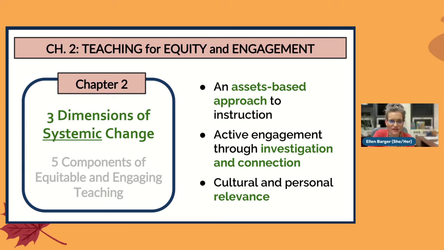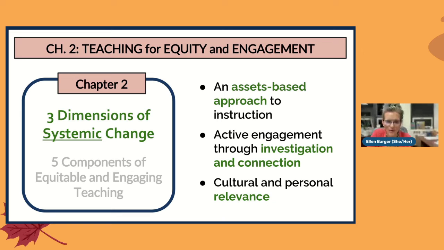So, I'm just going to give you a moment to pause, and you can put in the chat as you read those 3 things: an asset based approach to instruction, active engagement through investigation and connection, and cultural and personal relevance. I'll bet that a majority of you have been in a classroom today, and if not today, then probably this week.